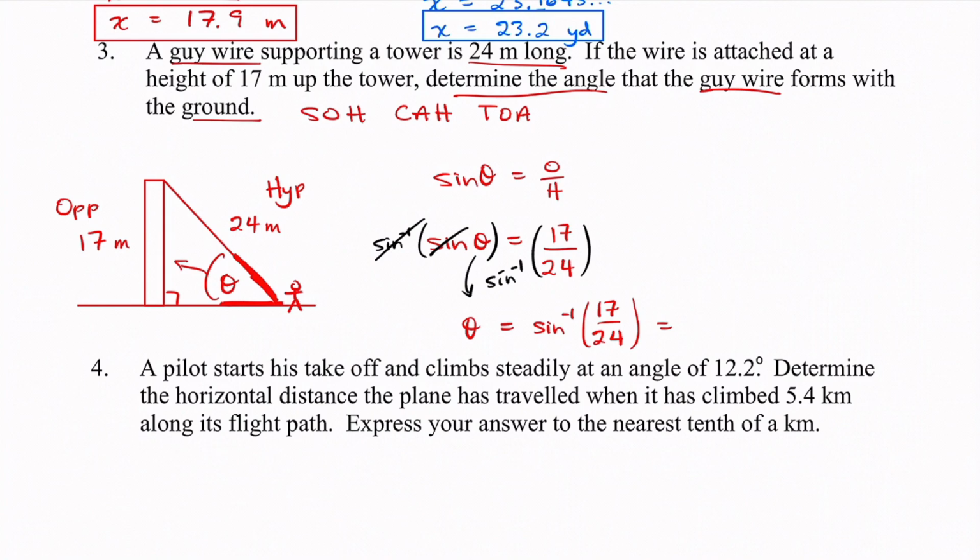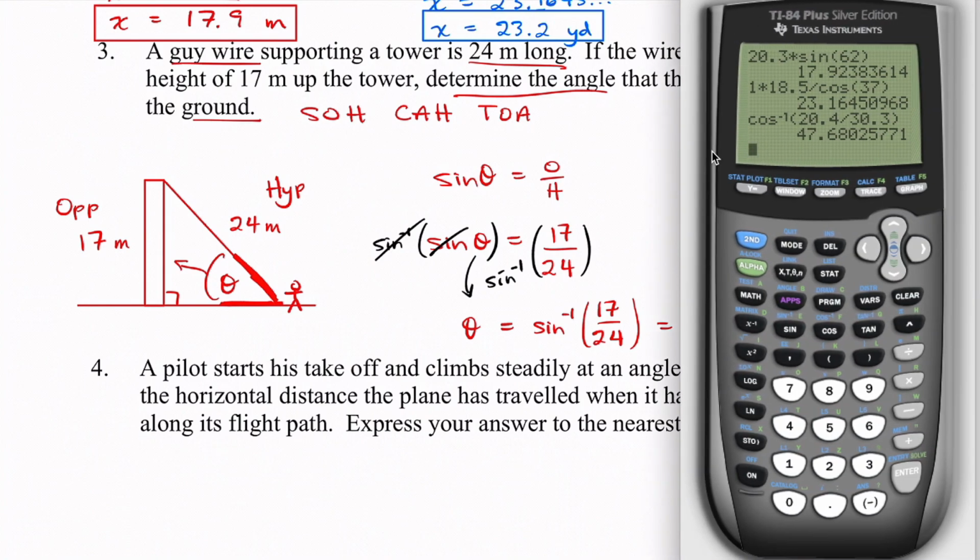And then we take that, go put that in our calculator. So second sine bracket 17 divided by 24. Okay, so we got that all typed in. Click enter, and we get 45.09. So I'll move this out of the way.